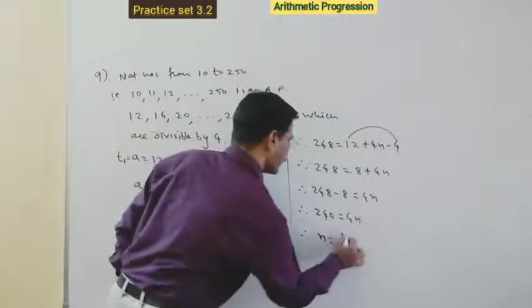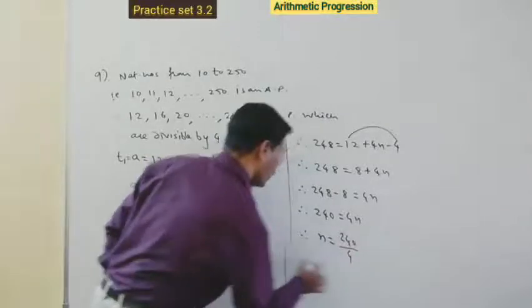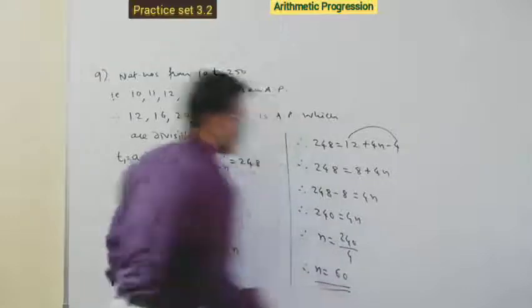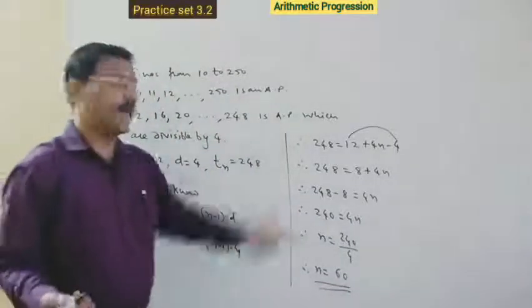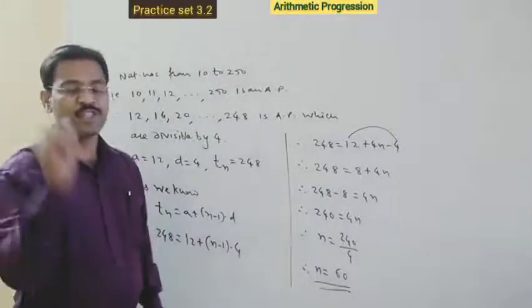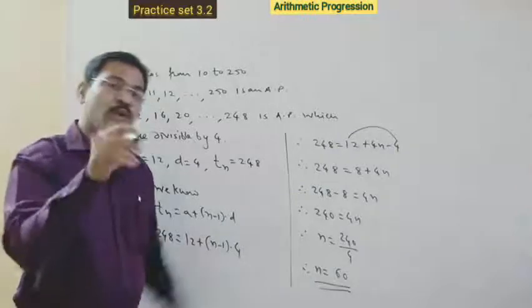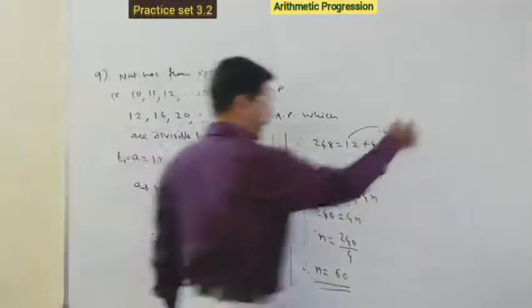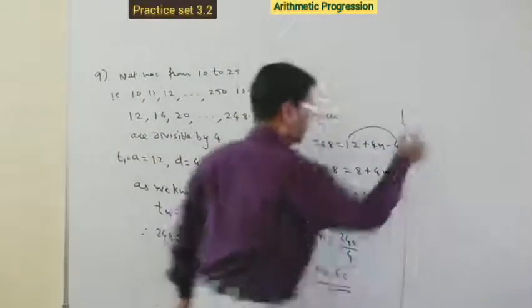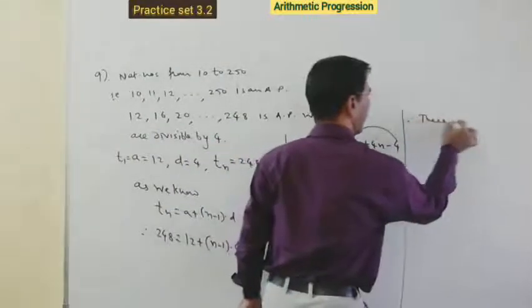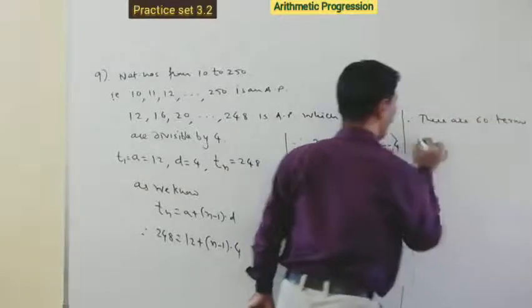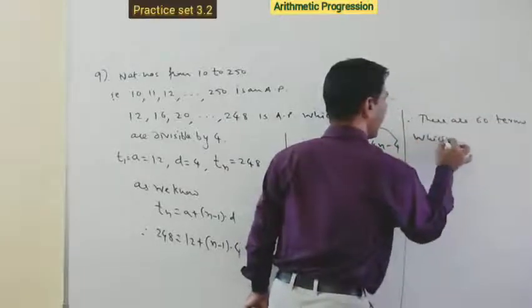So n is equal to 240 upon 4. So n is equal to 60. So there are how many terms? There are 60 terms which are divisible by 4 from 10 to 250 natural numbers. That is our answer.